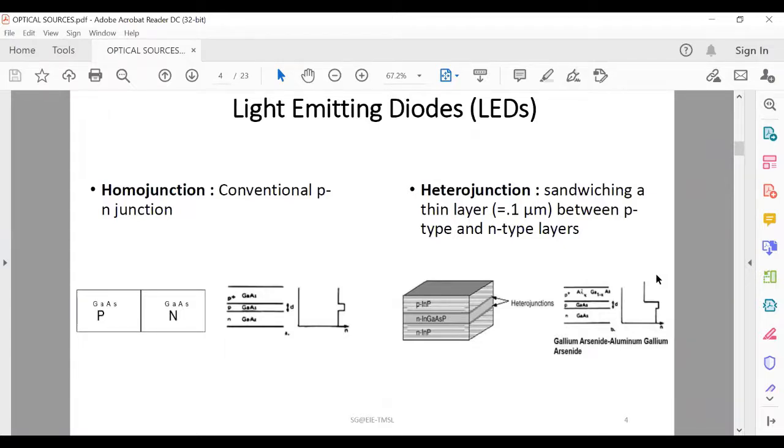The carrier confinement problem can be resolved by sandwiching a thin layer, approximately 0.1 micrometer, between the p-type and n-type layers, and the middle layer may or may not be doped. The carrier confinement occurs due to the band gap discontinuity of the junction, and such a junction is called a heterojunction, and the device is also called a double heterostructure.